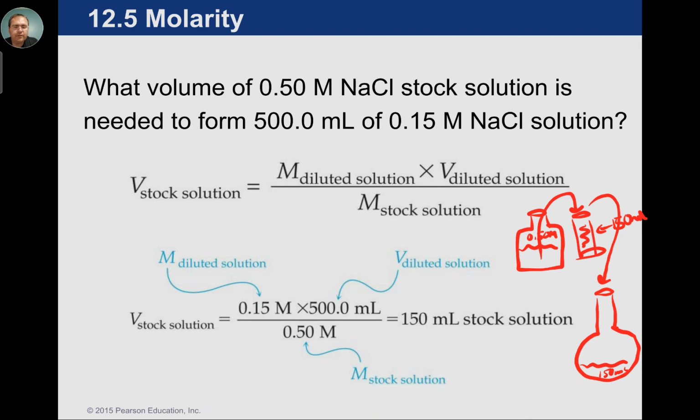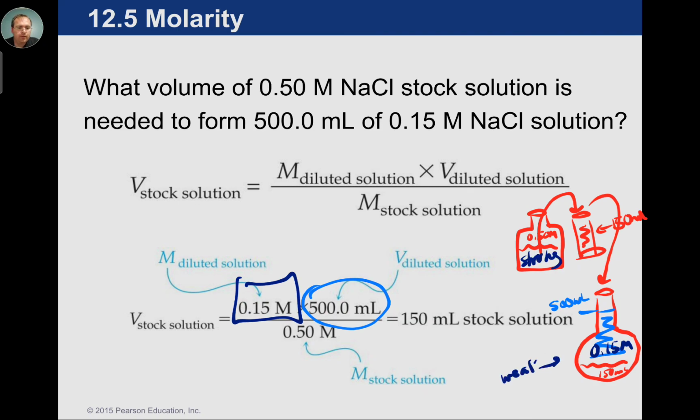And this calculation tells us that we want 500 mL total. So we're going to dilute up here to the mark, which says 500 mL. The rest of this is just going to be water. And when we're done, then we can label it this new concentration of 0.15 because we know that value before we ever started. So all we're doing is taking a bottle that is really strong, really concentrated, and making it very weak. Just like sweet tea, adding water to dilute it down and to make it seem less sweet.